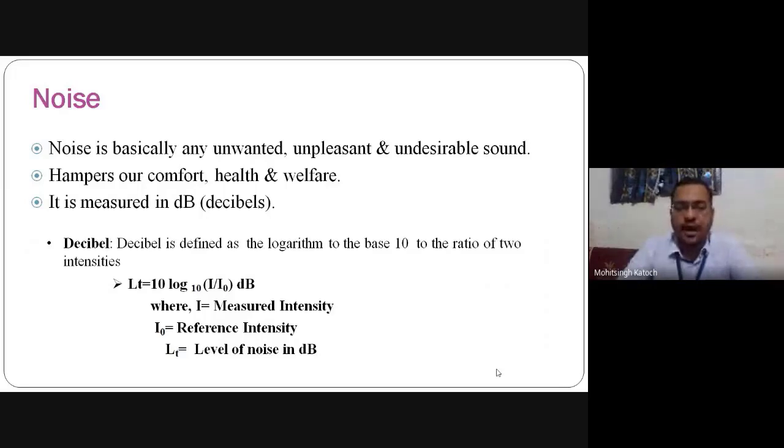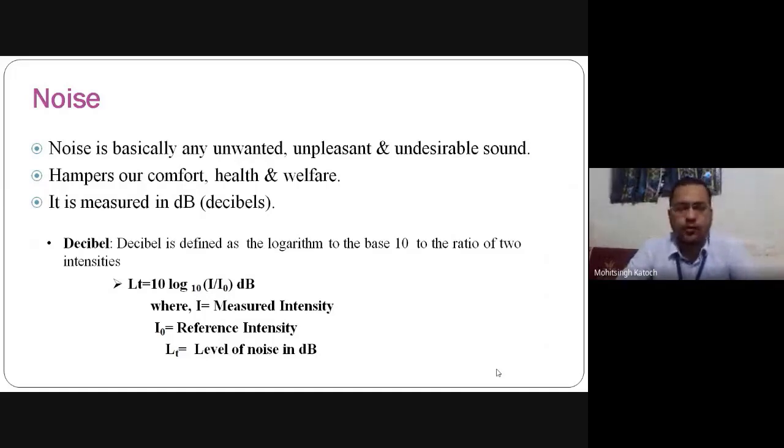We will write I0, that is reference intensity, with the help of a chart which is already available with us. And using this formula, we will find out what is the level of noise pollution in a particular place. So this formula can be asked in the GATE examination.